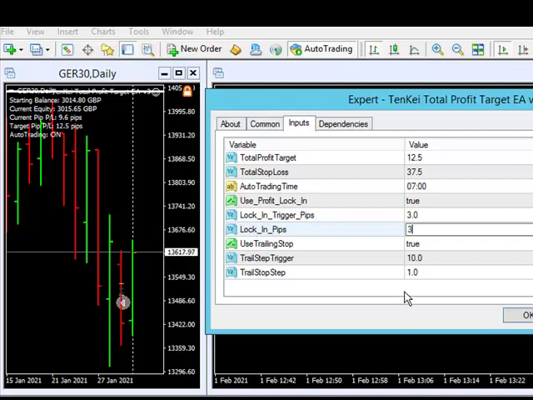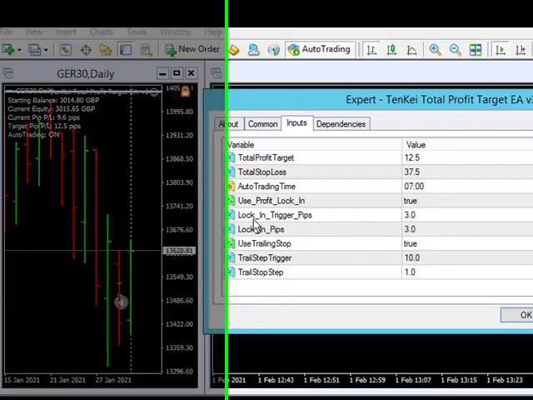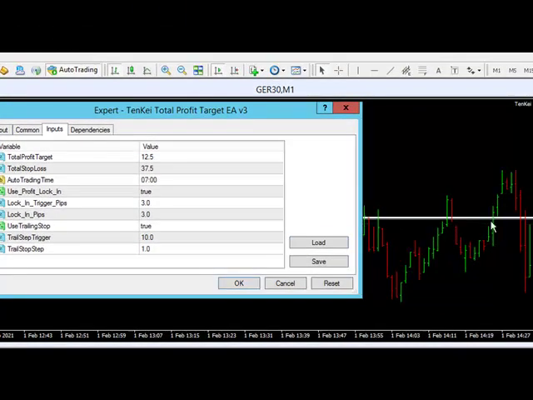The next session will be to use a trailing stop. Once you set use profit lock-in to true and the trigger is hit at 3, for instance, and you lock in 3, what if the market continues going up?